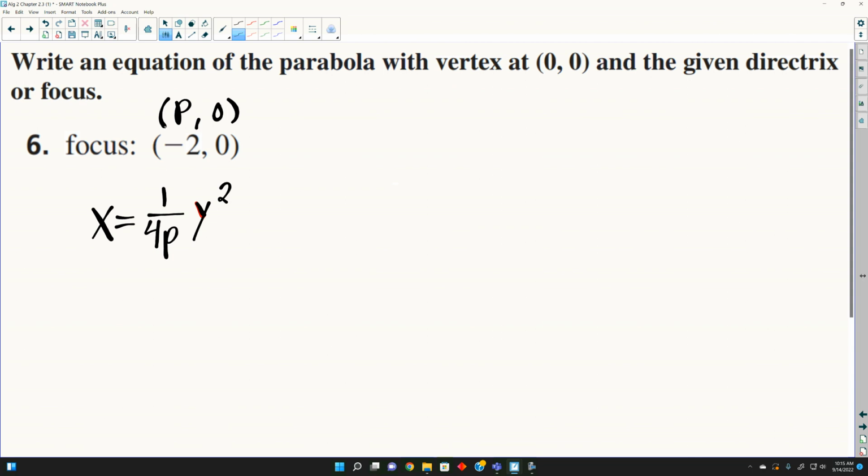Now, this here is a little bit nicer than the one before, because this one is telling us p is what? We don't have to change the sign. It's not negative p, it's just p. We already had the value.